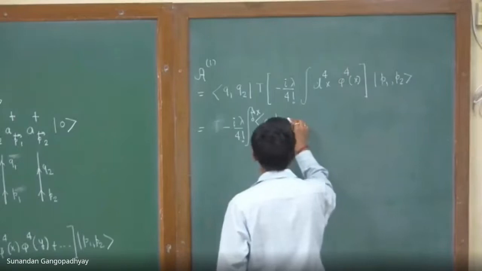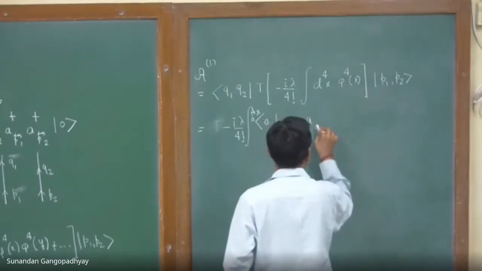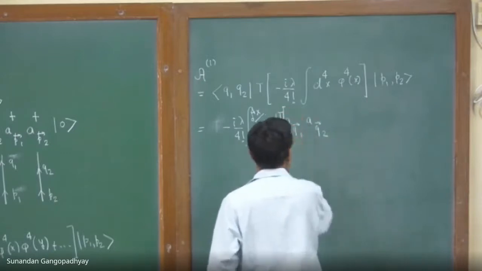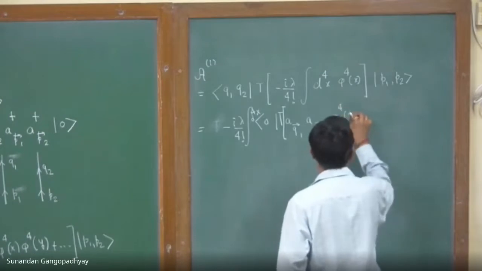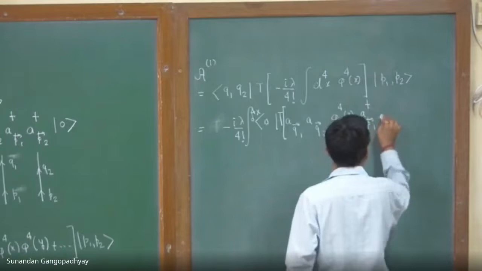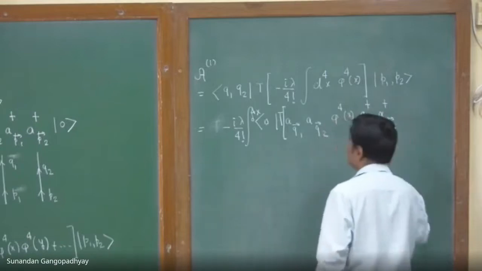Then we have a(q1), a(q2), with the time ordered product of q1, q2, then phi^4 takes, then a dagger, p1, a dagger, p2.